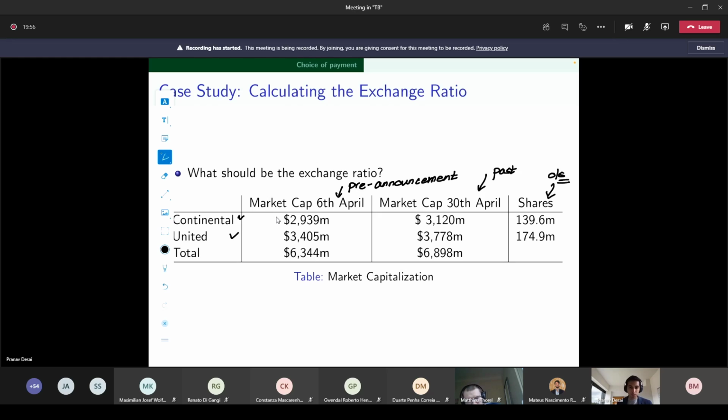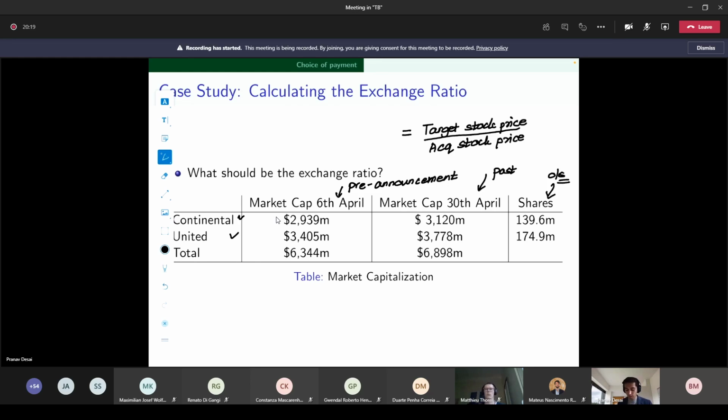So the big question for us is what is the exchange ratio, which is also the target stock price divided by the acquirer's stock price, or the number of shares of the acquirer that the target is going to receive in return for each of its shares.